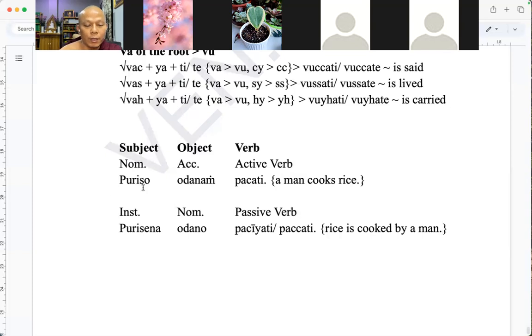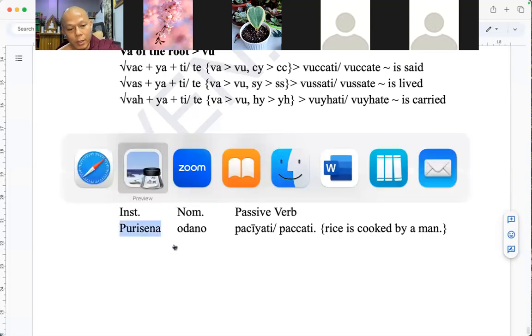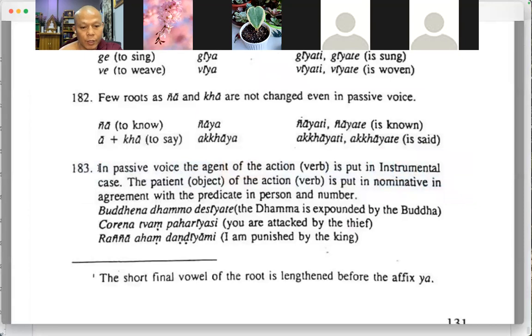That is why, even though grammatically it is the subject, we don't say it is the agent. In passive verbs, the agent of the action or verb is put in the instrumental case, and the patient or object of the action verb is put in the nominative case.